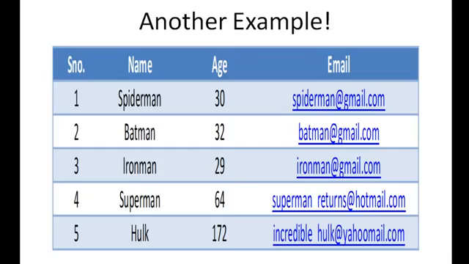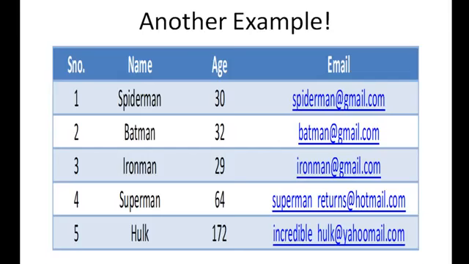So let's have a look at this table here, and it's different from the table that we saw in the last tutorial. This one has 4 fields. The first one is serial number, so I have serial numbers 1 2 3 4 5 for the 5 rows in the table. Then I have another field called name, in which I have names of superheroes, and Hulk really doesn't qualify as a superhero, but I like it very much, so I've included it here.